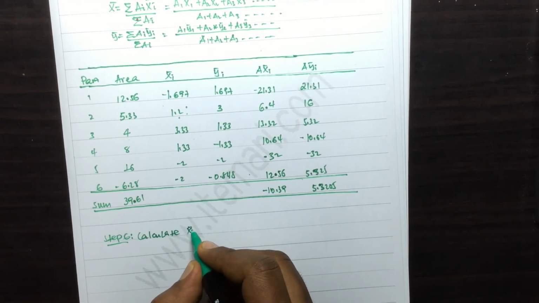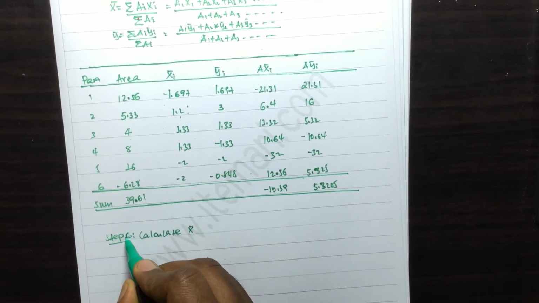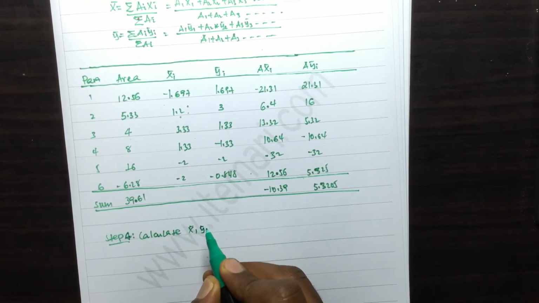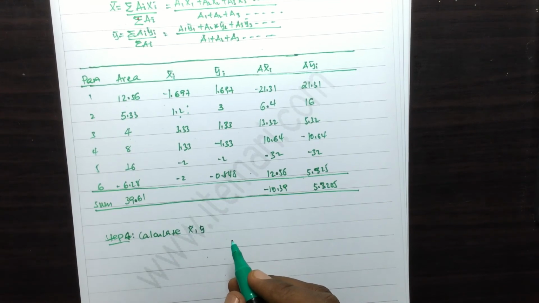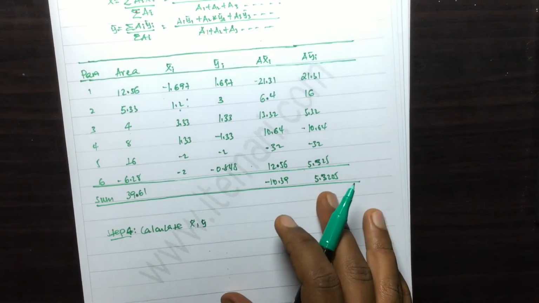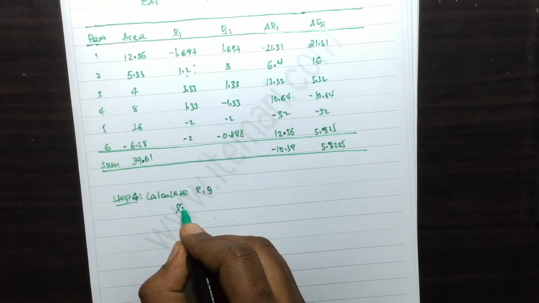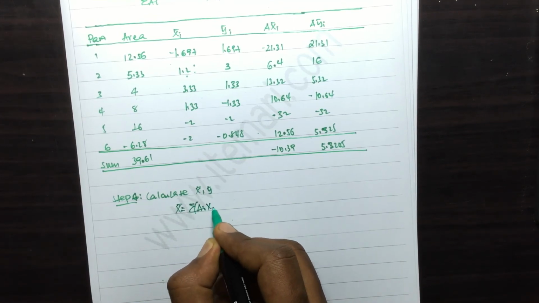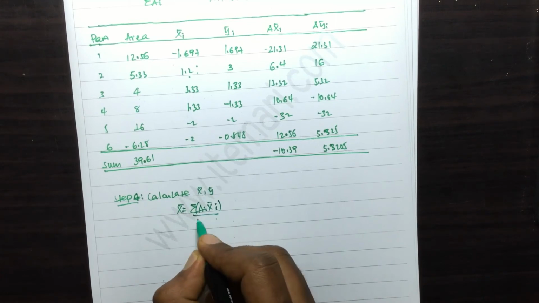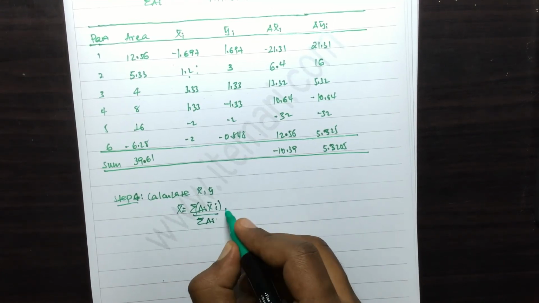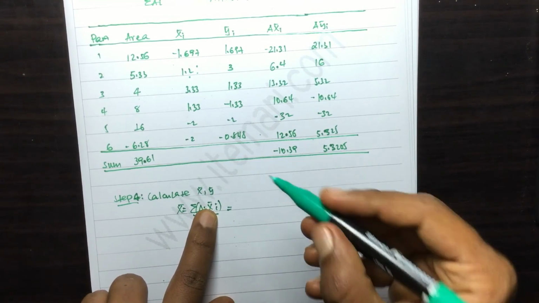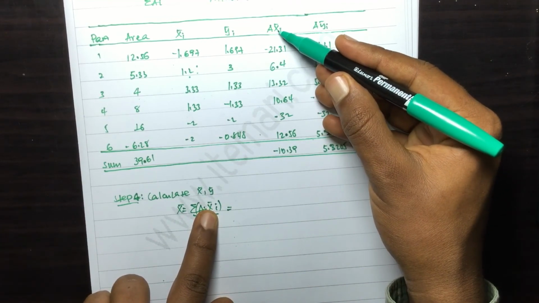According to the superposition principle, step 4, not 6, is to calculate x bar and y bar in gross. x bar is the summation of ai x bar i over the summation of ai, because it is the sum of the individual ai xi.